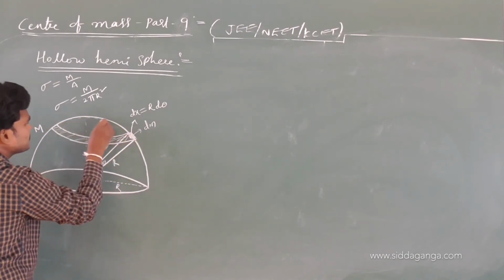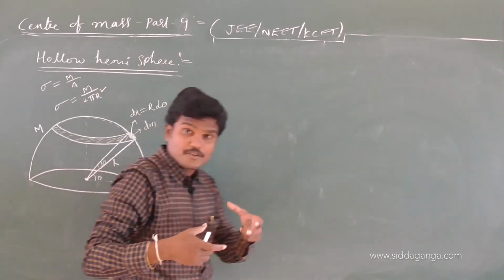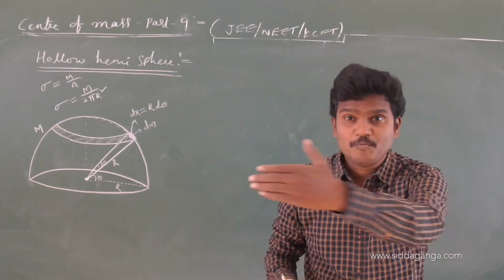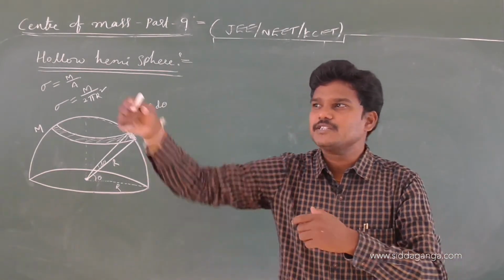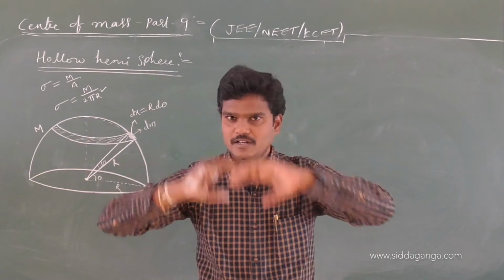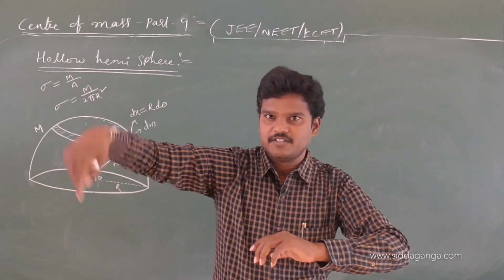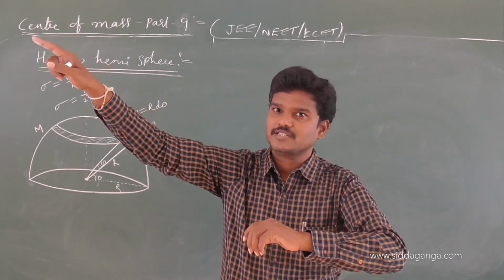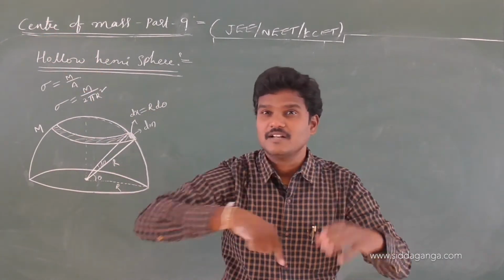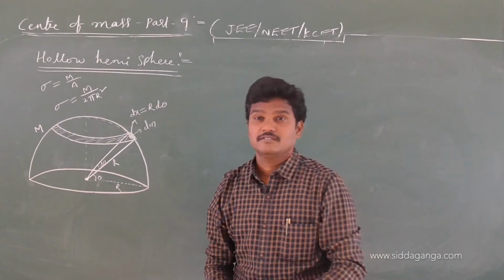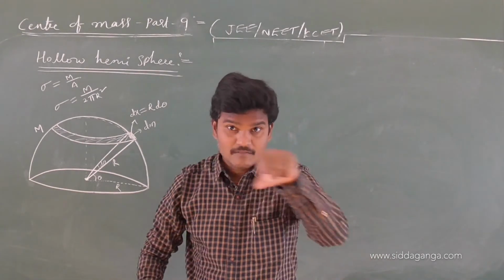If you observe from the top view, take a hemisphere and cut a small piece with the same angle, you will get one circle. That circle will have some radius.